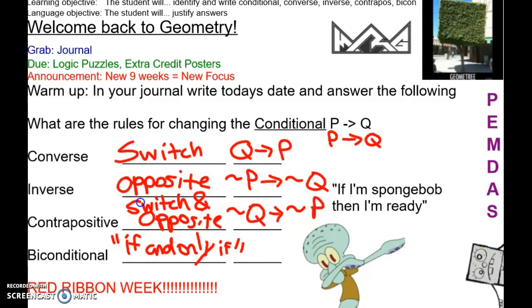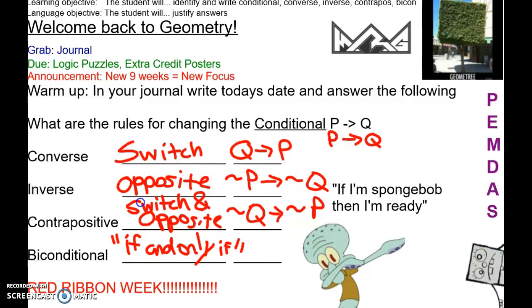So help me out here. What is P in this statement? Okay, it's just the I'm SpongeBob. That's my P. Okay, and what's my Q? I'm ready. So here's what you're going to do. Take I'm SpongeBob and I'm ready. And what do I put between them? If and only if.